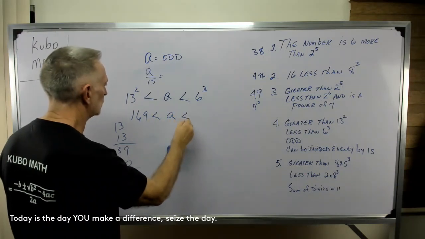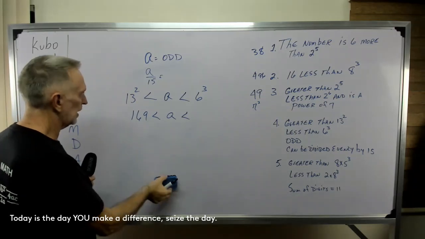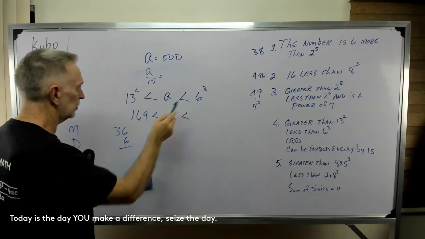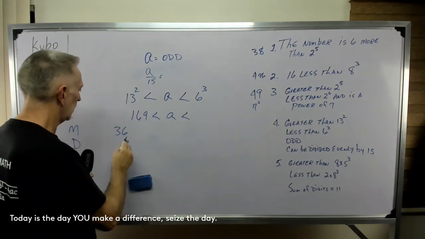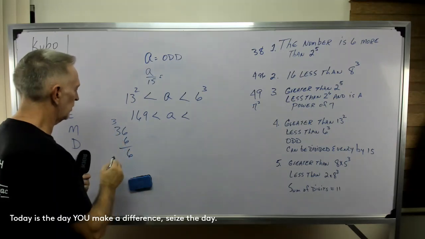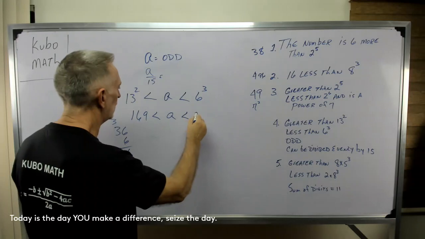And then A is less than 6 to the third power. Well, 6 times 6 is 36. 36 times 6 would give me 6 to the third. 6 times 6 is 36. Carry the 3. 6 times 3 is 18, 19, 20, 21. 216.